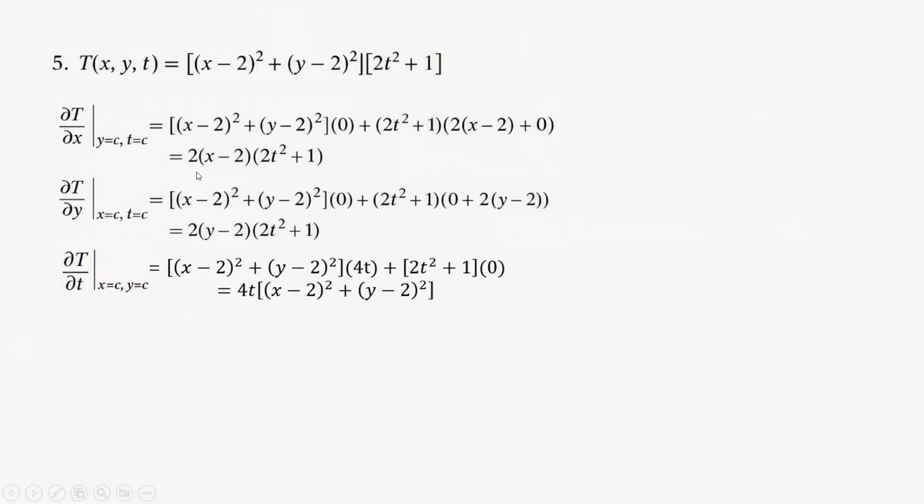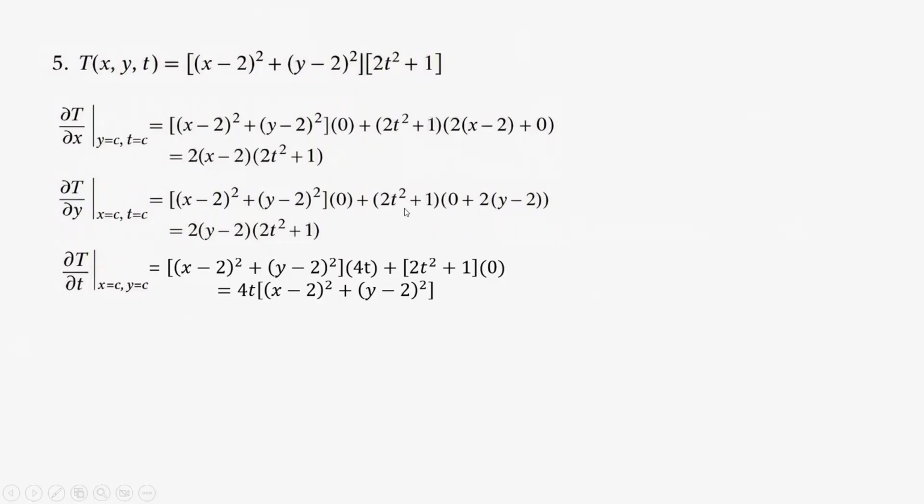So the whole thing will be 2 times (x − 2) times (2t^2 + 1). As for y, we will keep x and t constant. So for t^2 + 1, there is no y in it. It will become 0. And we will keep the first term as constant.